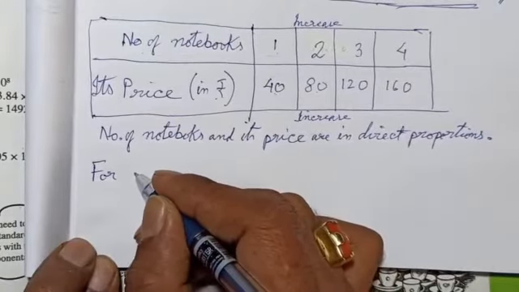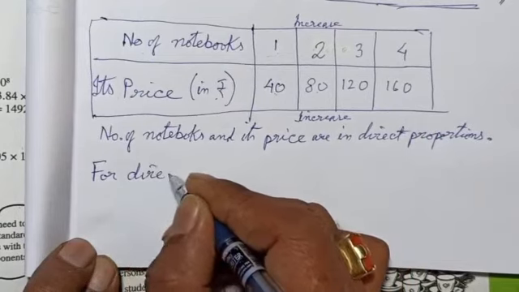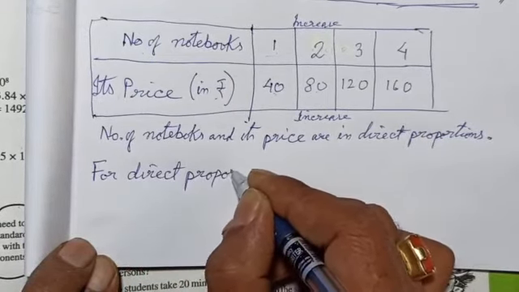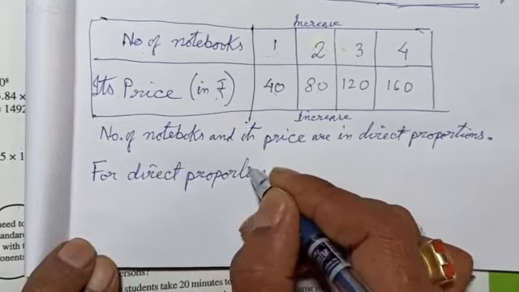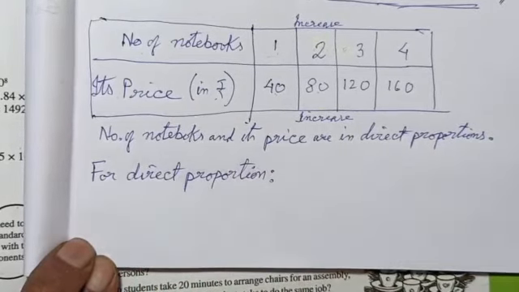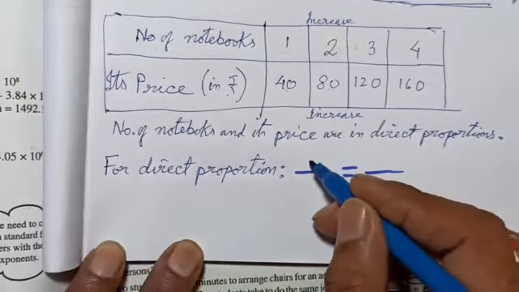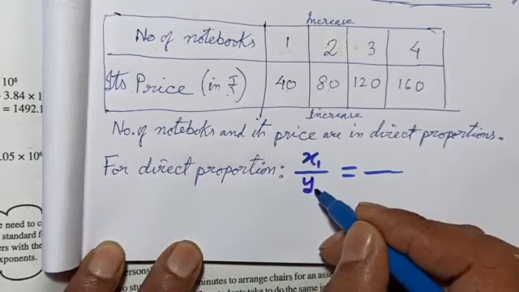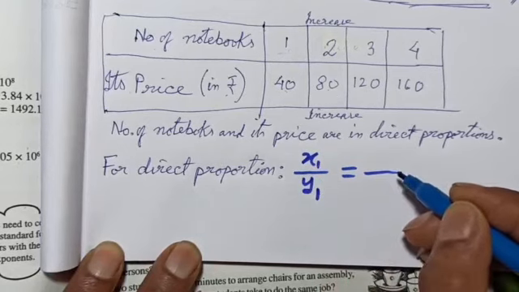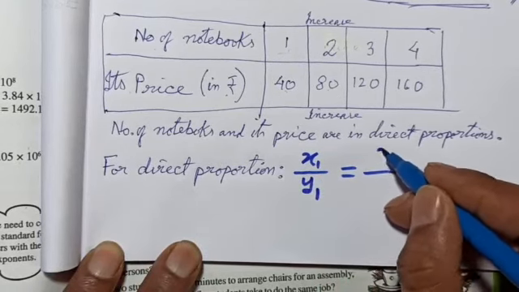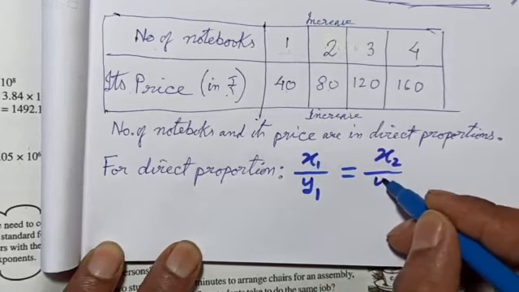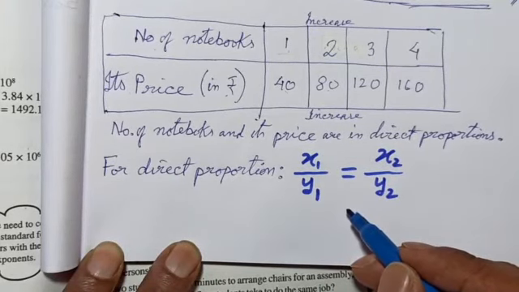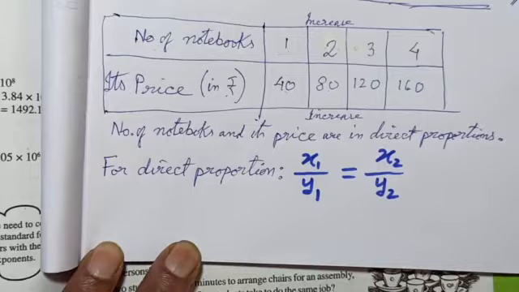For direct proportion, x1 by y1 is equal to x2 by y2, and we have to use this as the formula for direct proportion.